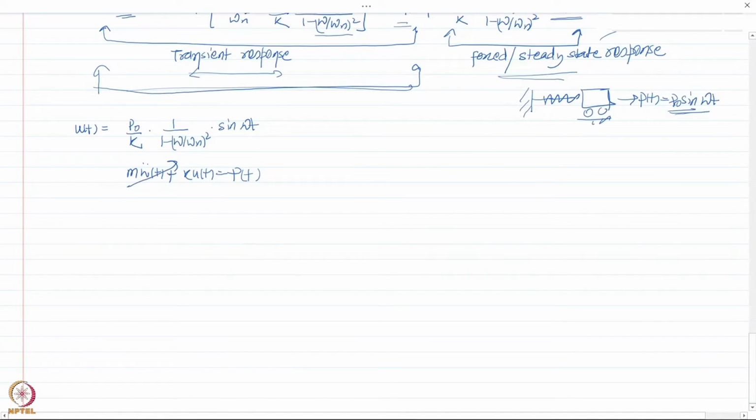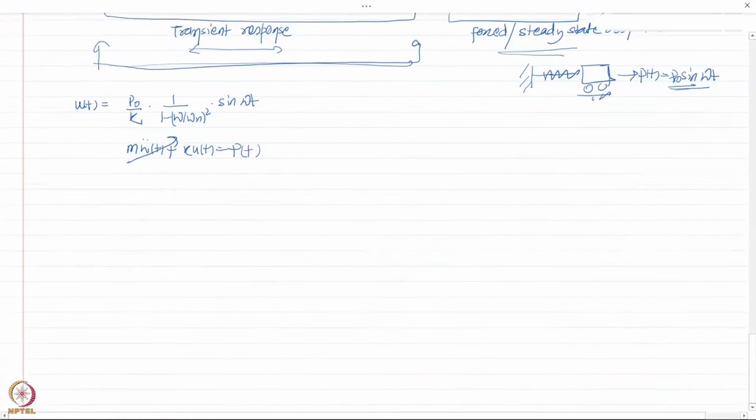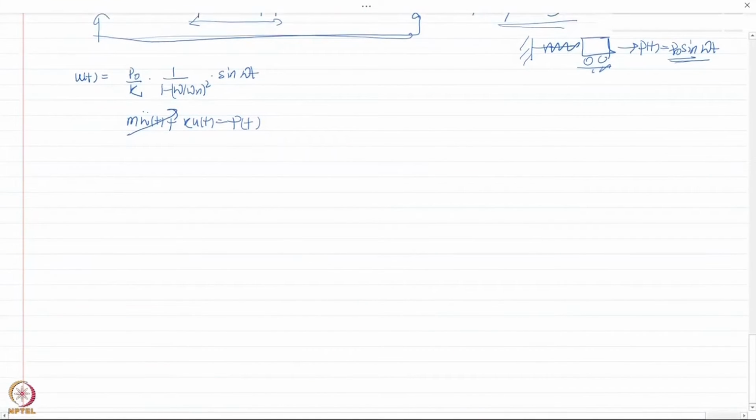If I ignore this term, can I say the static displacement subject to a force p which is varying with time would be u of t equal to p of t by k, which is nothing but p naught by k times sine omega t.